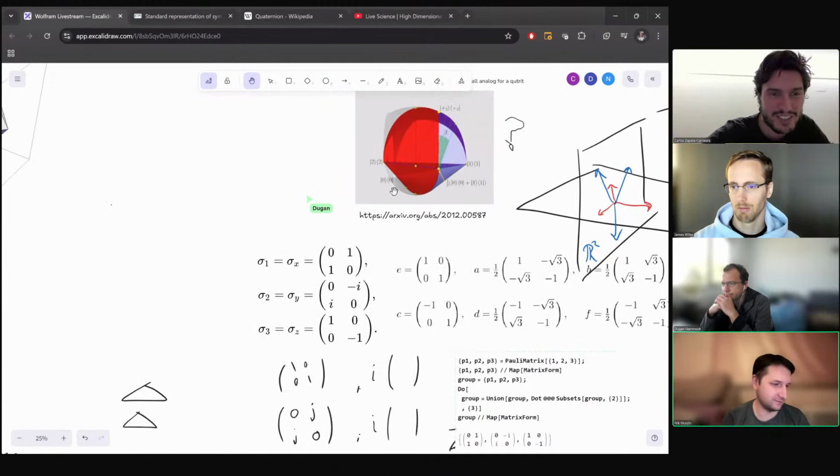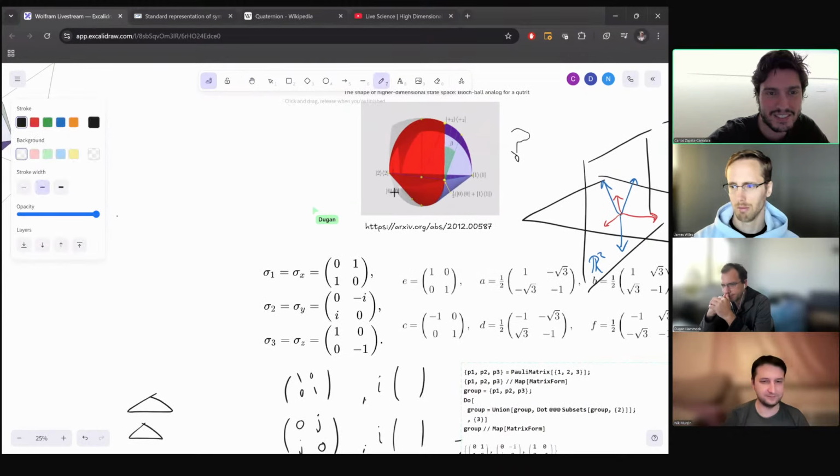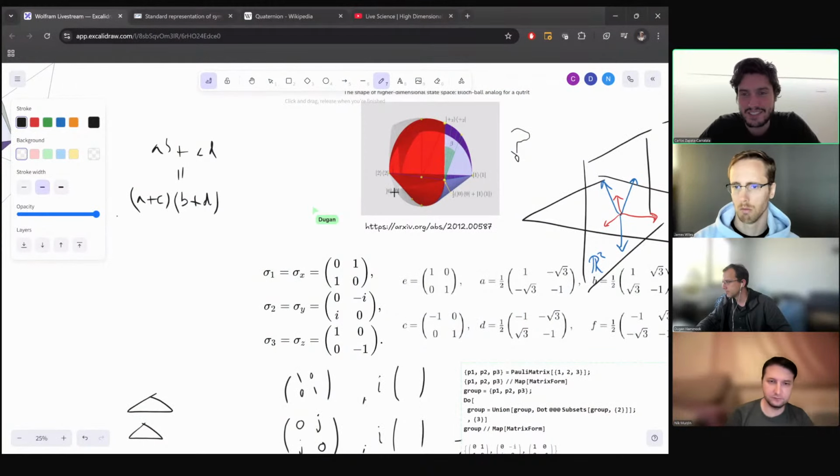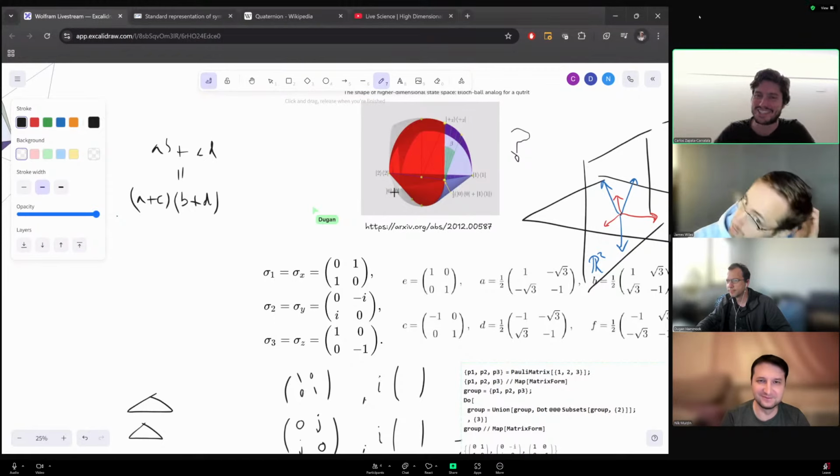For that to be true, AB plus CD would have to be equal to A plus C times B plus D. Some bright high school student somewhere lives in a universe like that, but unfortunately most of us don't.